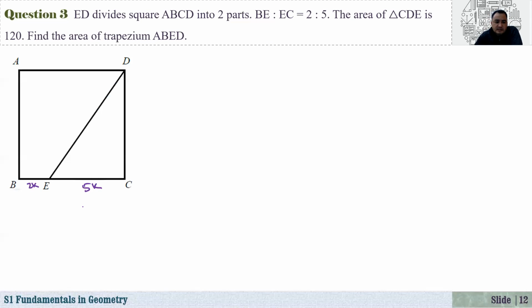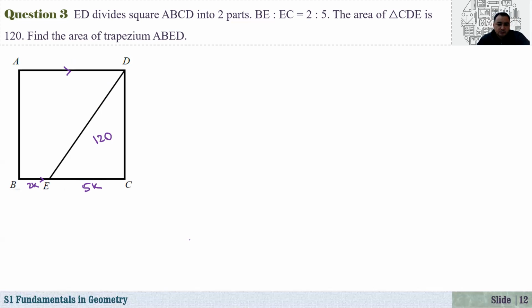And the area of CDE is 120. So this area is equal to 120. Find the area of the trapezium ABED, because AD is parallel to this side, right? So we need to find this.